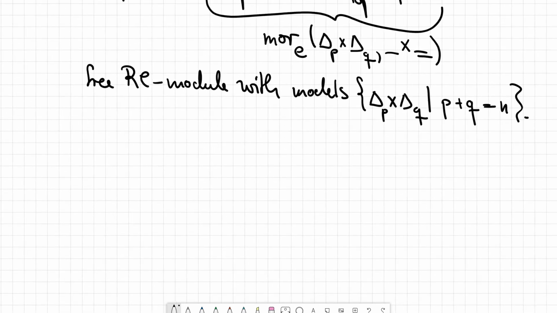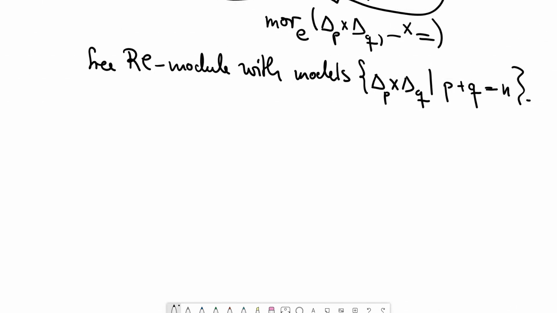What about the condition that these chain complexes are acyclic? Well, this is now easy. What are the models? The models in the second case were delta P times delta Q, with varying P and Q, and the model in the first case was delta n times delta n. But models in both cases were of the form singular simplex times singular simplex. And a product of singular simplices is always contractible.